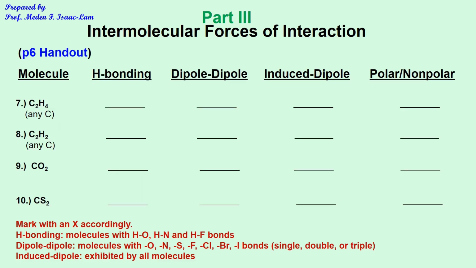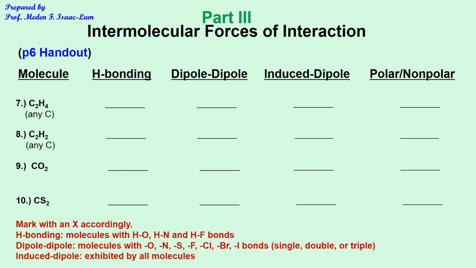Okay, the last set of examples, page 6 of the handout for part 3, intermolecular forces of interaction. Again, the intermolecular forces of interaction are the forces attracting the molecules together. So it's exhibited in terms of whether it's going to be a gas state at room temperature, or liquid, or a solid.